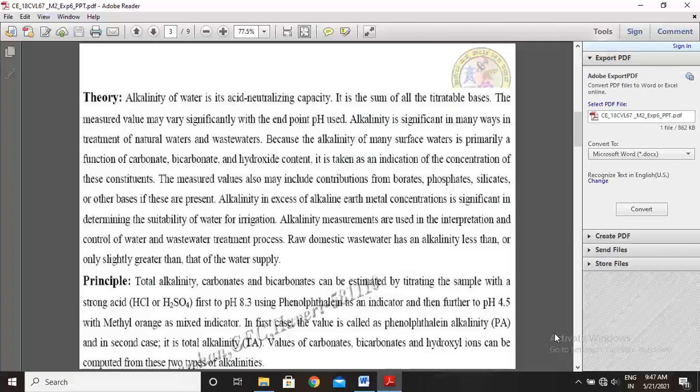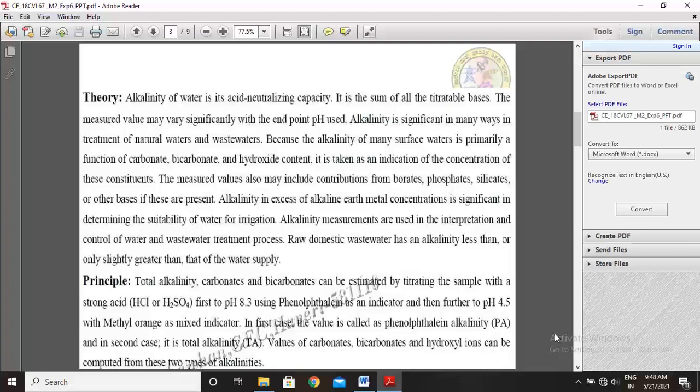Alkalinity is significant in many ways in the treatment of natural waters and wastewaters, because the alkalinity of many surface waters is primarily a function of carbonate, bicarbonate and hydroxide content. It is taken as an indication of the concentration of these constituents. The measured values also may include contributions from borates, phosphates, silicates or other bases if these are present.